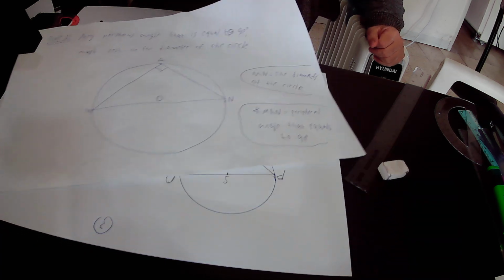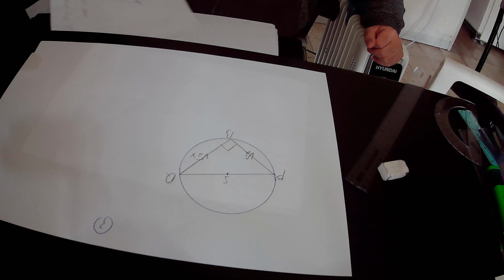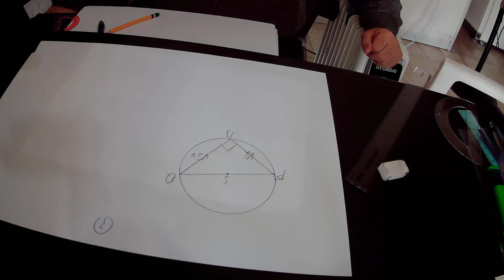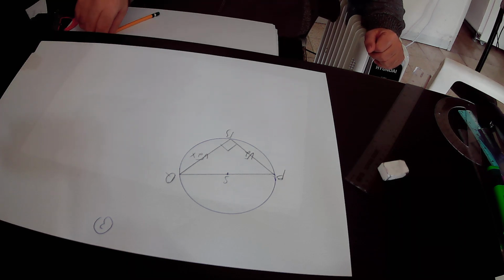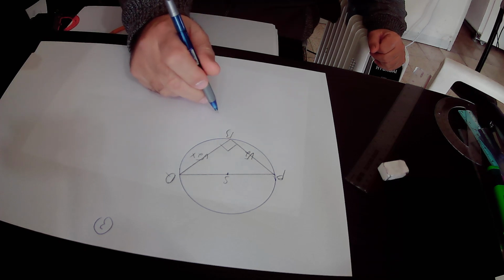So we can implement rule number 5 in our drawing. Why? Because in our drawing we have peripheral angle PBQ that is equal to 90 degrees in its size.